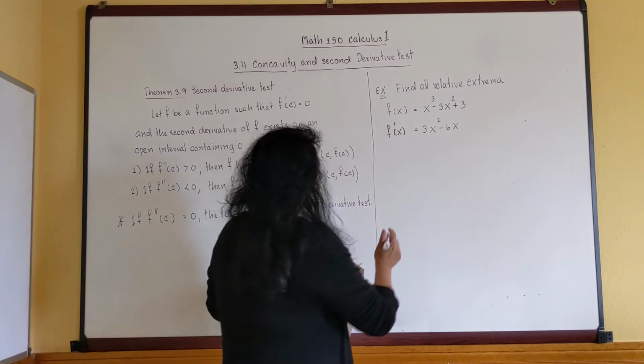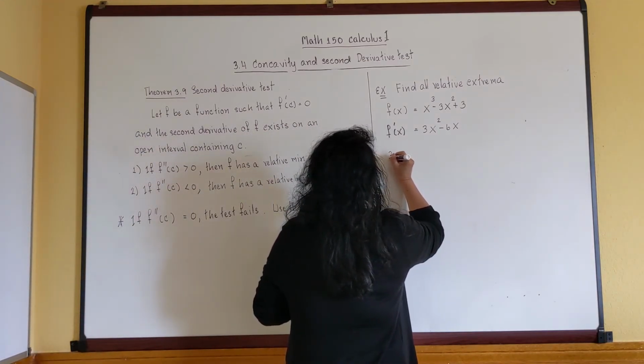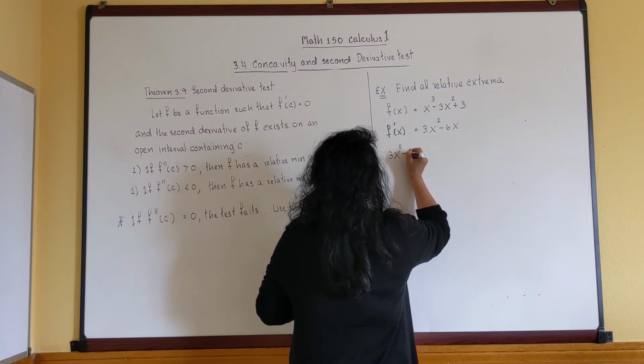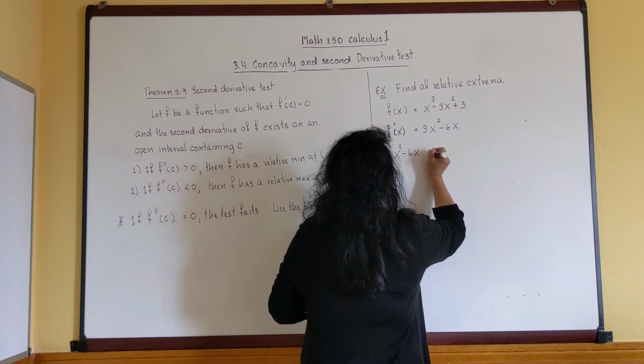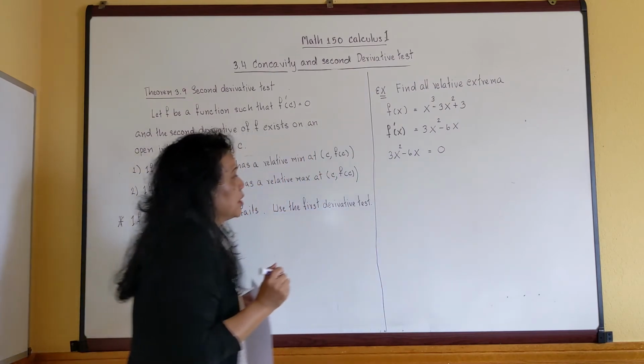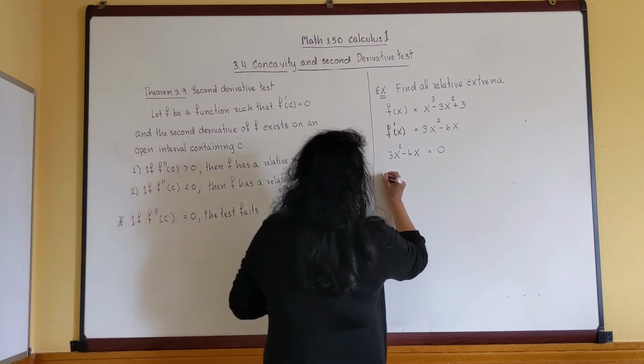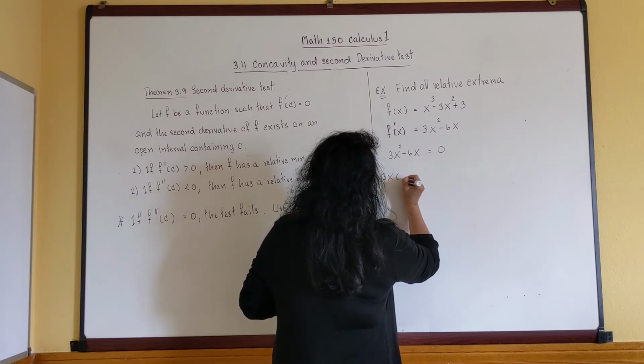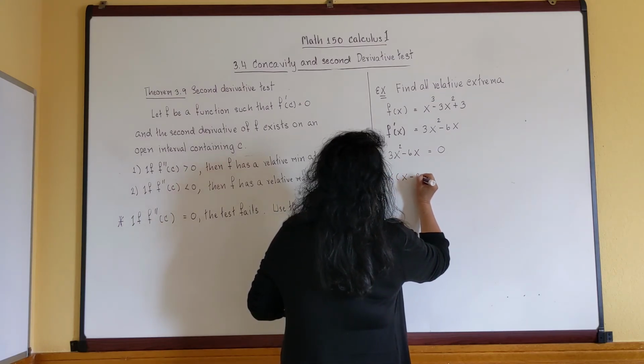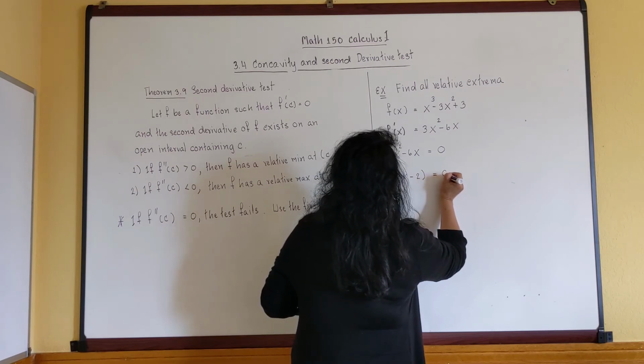So I'm going to set it equal to 0. So I have 3x squared minus 6x equal to 0. I'm going to factor out the GCF, which is 3x. I'm left with x minus 2 equal to 0.